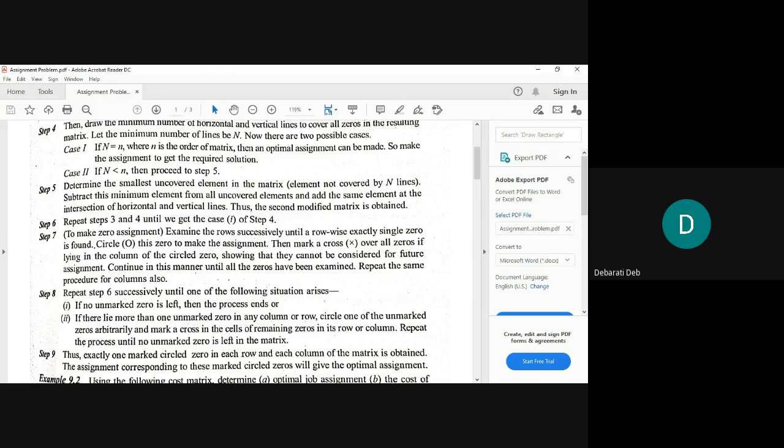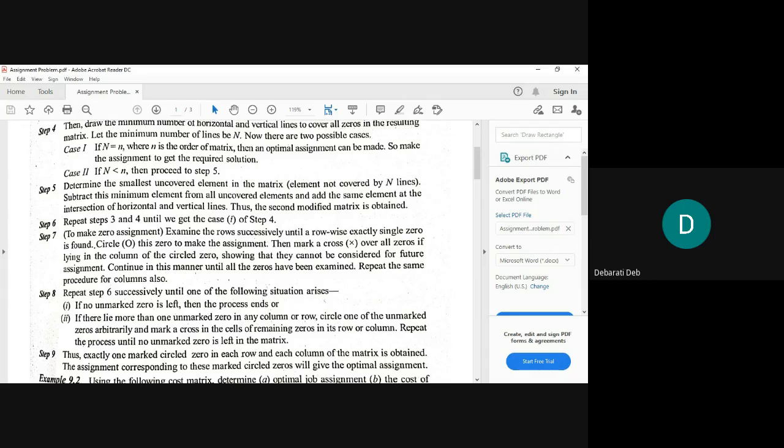So we have to determine the smallest uncovered element from those leftover elements. Then subtract this minimum element from all uncovered elements and add the same element at the intersection of horizontal and vertical lines. You have to remember these steps quite well.